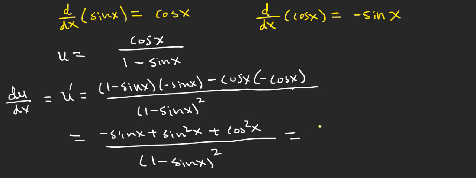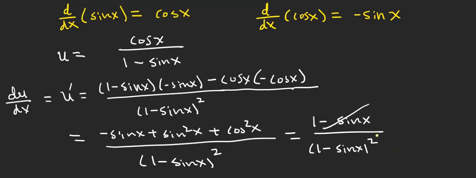So you get 1 minus sine x over quantity 1 minus sine x squared. Now, this means on the denominator, you have 1 minus sine x times 1 minus sine x, so this will cancel out. You end up getting 1 over 1 minus sine x. So that will be your final answer.